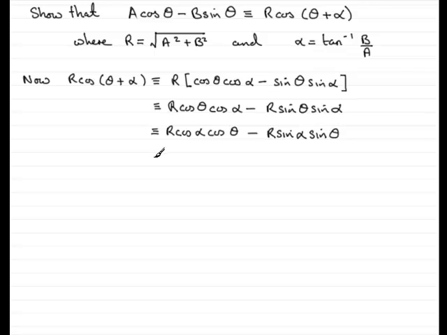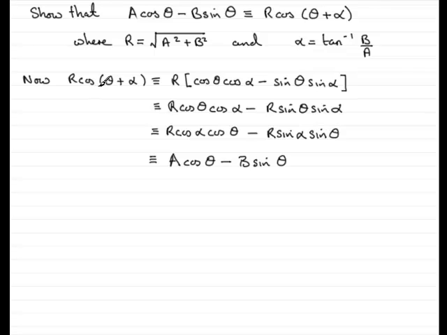So we can say that this is identical to a constant, let's call it a, times cos theta, minus another constant, r sine alpha, let's call it b, times sine theta. So can you see that I've now shown that a cos theta minus b sine theta is identical to r cos(theta plus alpha).